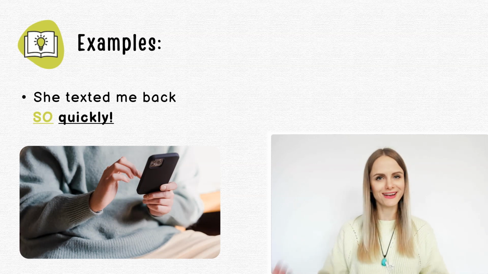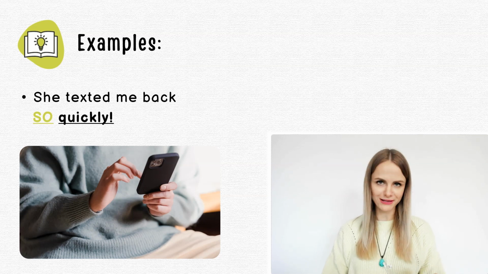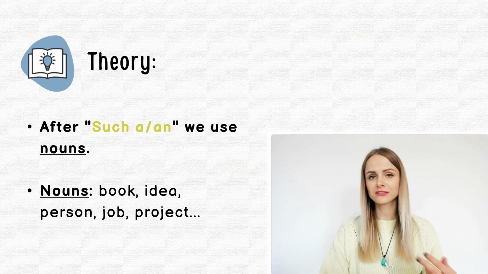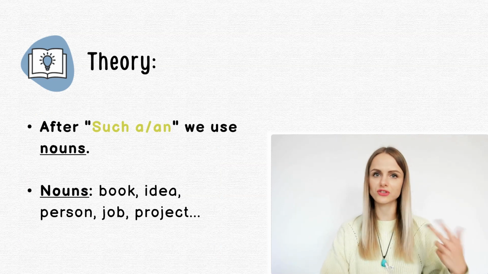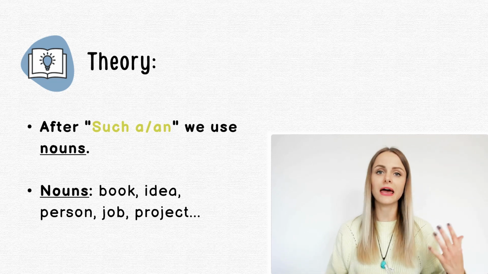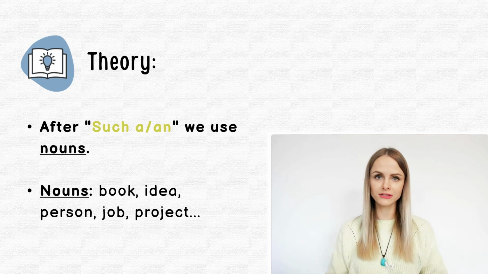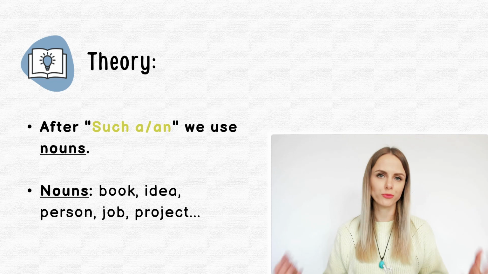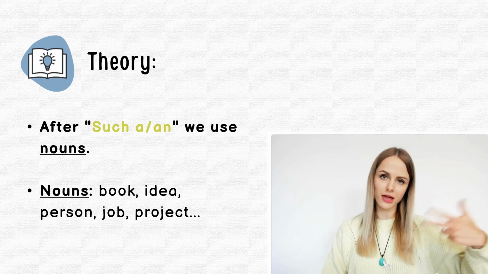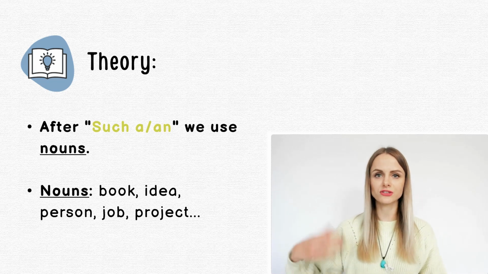And now let's move on to the word "such", which is a bit more problematic, I suppose. After the word "such a" or "such an", we need to use a noun. What is a noun? This is simply a word like book, idea, person, job, project. But before we move on, let's clarify when we use "such a" and when we use "such an".